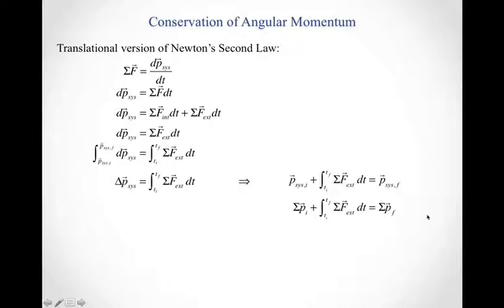So what we have here is an equation that should look pretty similar to what we've called our energy balance equation. It's just that in this case it's keeping track of the linear momentum of our system.